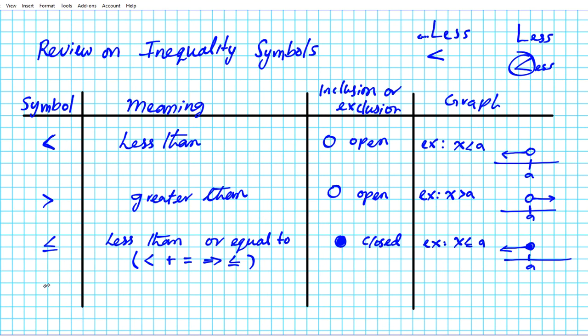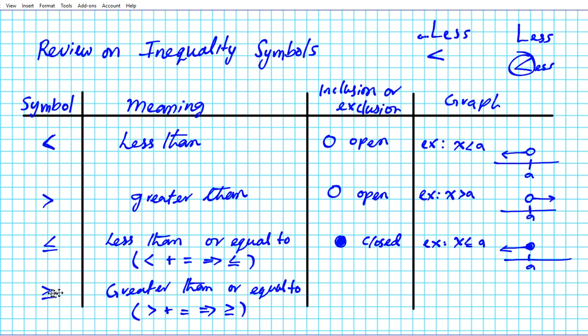Okay? Alright, and then we have the last one, greater than or equal to, written as greater than or equal to. This is a combination of what two symbols? If you combine the greater than and the equal to symbols, this will result in your greater than or equal to symbol.